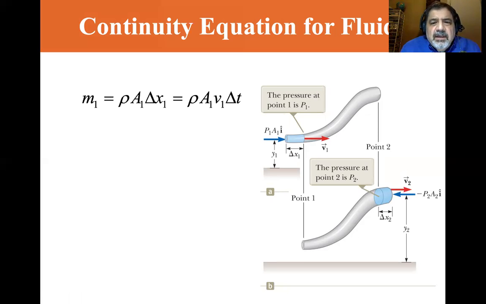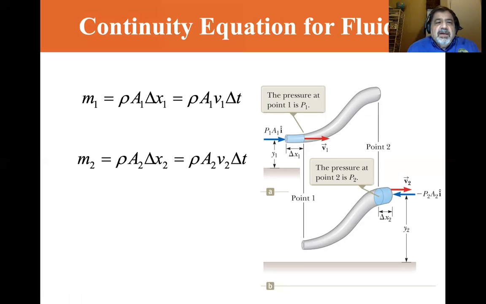So the mass m1 is equal to the density times the area times delta x1. Well, what is delta x1? It's determined by the velocity times the time. So delta x1 is equal to v1 times delta t. m2, this area over here, is equal to the density, and the density is the same. Remember, there's no compressibility.